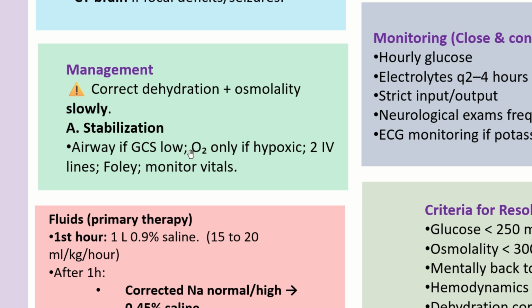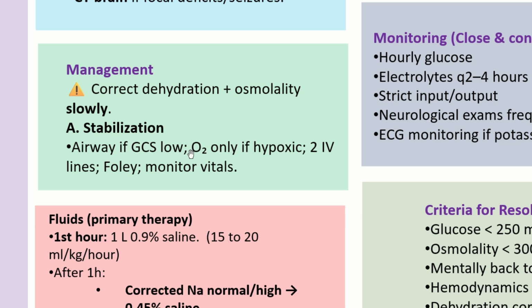This is because if you do it very fast and restore the osmolality, the neurons are going to take up a lot of water very fast because of that change in osmolality. By osmosis, water is going to enter the neurons at a very fast rate, and they're going to have cerebral edema. That patient will have deterioration.